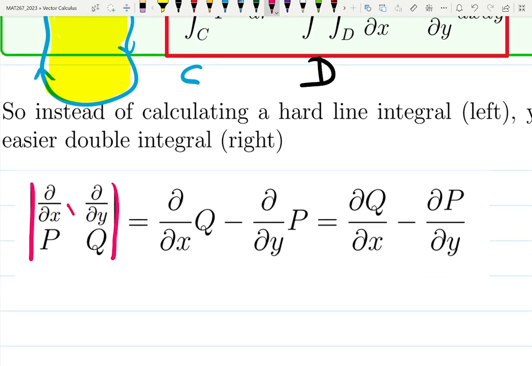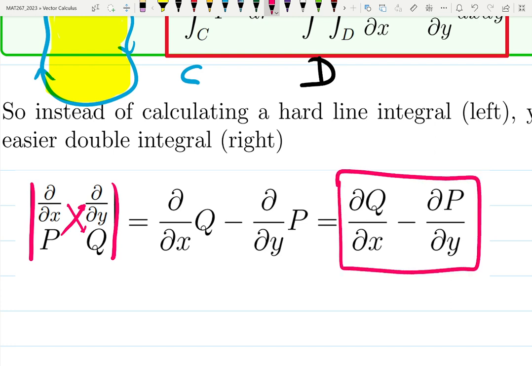And then, of course, with a cross product, it gives you that. That's the notation. Derivative with respect to X, then P. Derivative with respect to Y, then Q. So then you know how to calculate this determinant, and it gives you the formula. And the minus is explained really well as well.